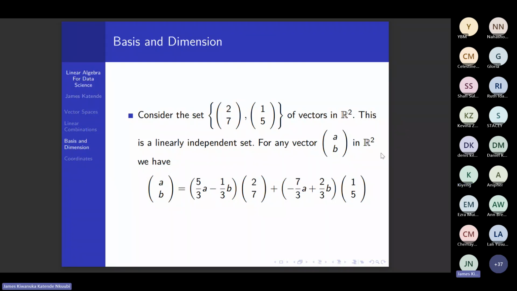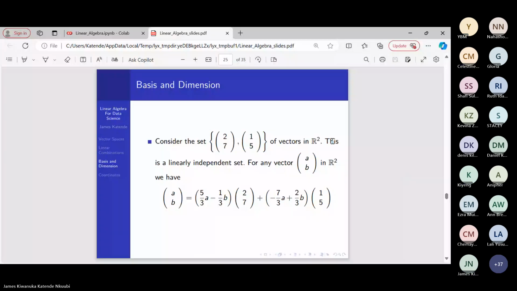Otherwise, if you don't want the break, we can continue. We want it. Okay. So it's 7:53. We resume at around 8:03.